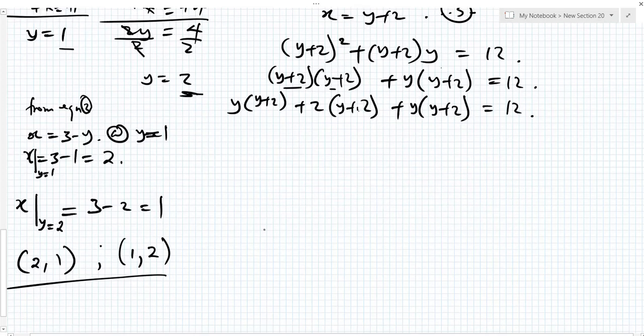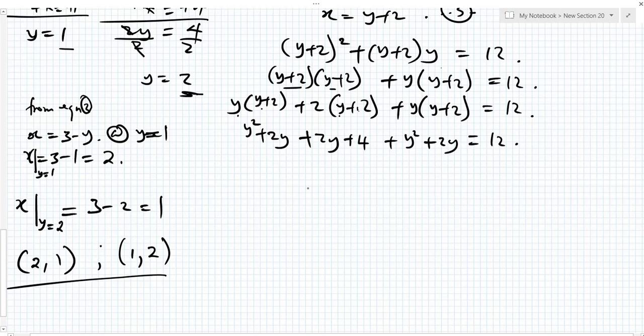If you expand this expression, you have y times this, y squared plus 2y, plus 2 times y gives you 2y, plus 2 times plus 2 gives you plus 4, plus y times y gives you plus y squared, plus y times plus 2 gives you plus 2y, equal to 12.